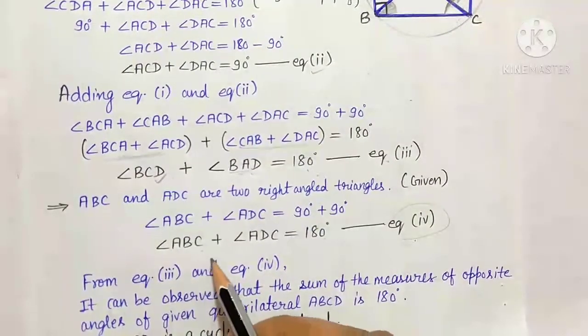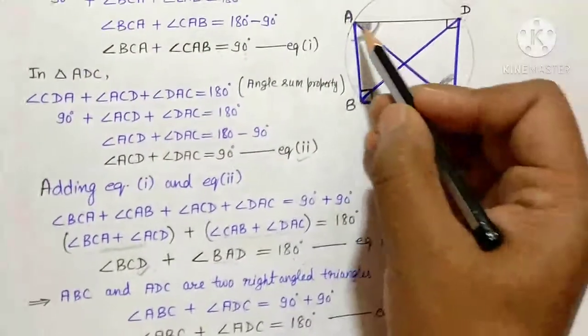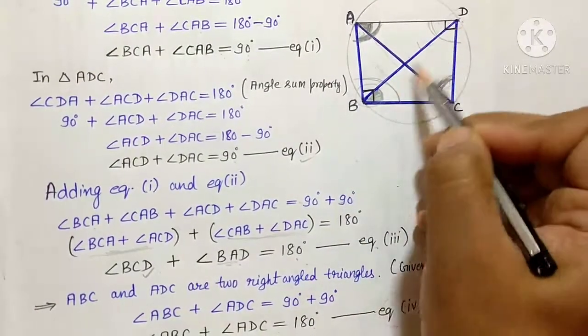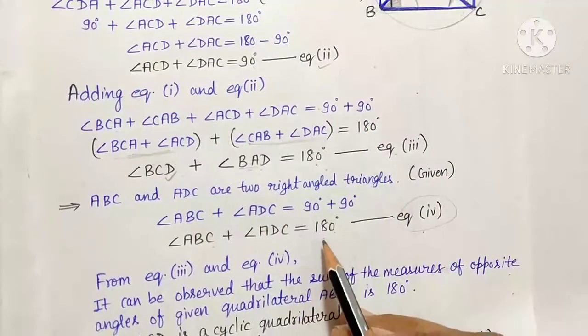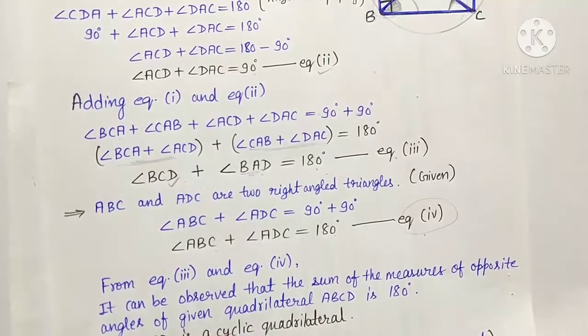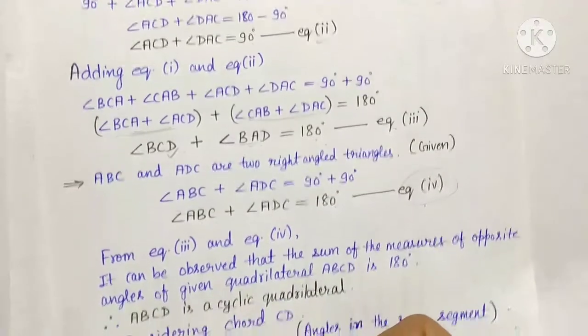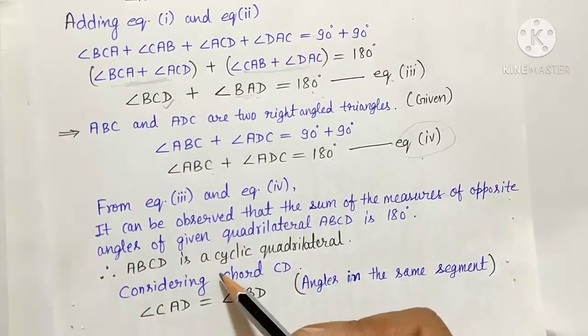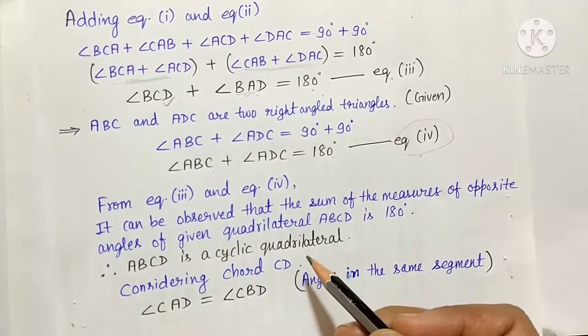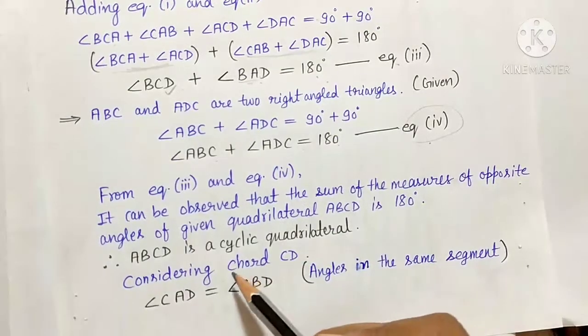And in equation fourth, ABC plus ADC, this angle plus this angle, they are also opposite angles, and their sum is also 180. And we have learned that if in a quadrilateral the sum of opposite angles is 180, then that quadrilateral is a cyclic quadrilateral. So we can say ABCD is a cyclic quadrilateral.